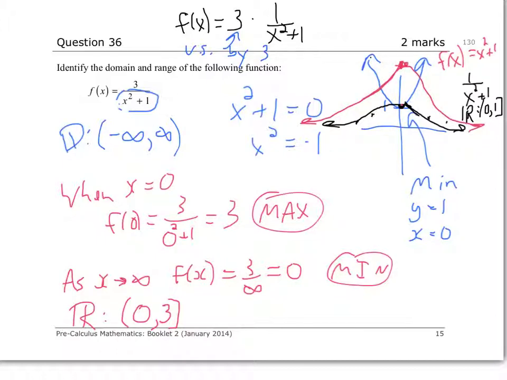This is not my best graph, but I think it further explains why the range is from 0 to 3. I think this is a hard 2-mark question, but you really got to understand reciprocal functions, and you have to understand restrictions on the range.